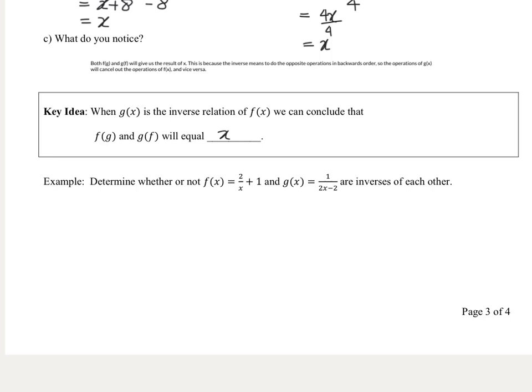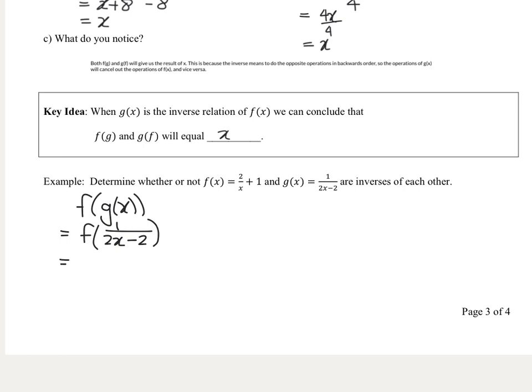So let's go over this example. We're going to apply the inverse test to determine whether or not f of x and g of x are inverses of each other. So I am going to take f of x and I'm going to substitute in g of x. So I'm going to substitute in 1 over 2x minus 2 into my f of x function.